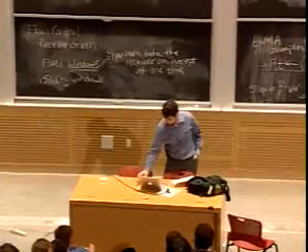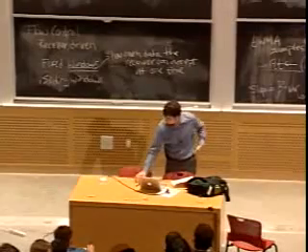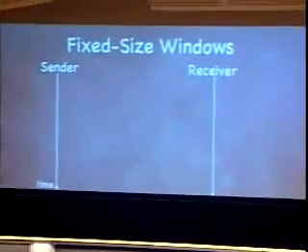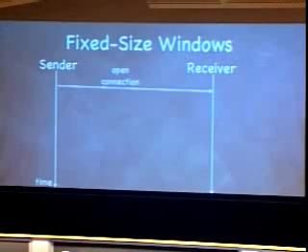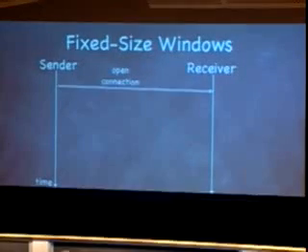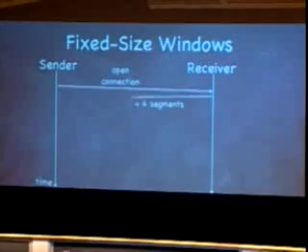So the first scheme that we're going to look at is called the fixed window scheme. And the idea is very straightforward. The sender and the receiver at the beginning of communication are going to negotiate. They're going to exchange some information about what the window size is.